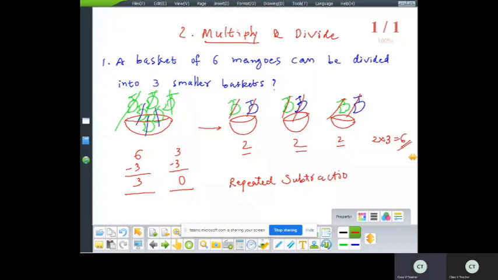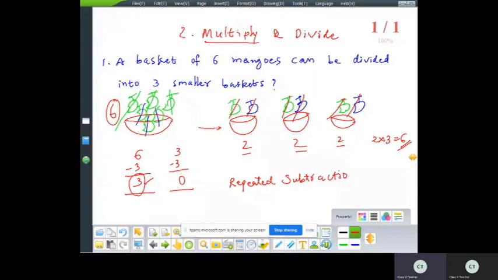Total mangoes are 6. First time we insert each mango in each box. One, one, one, 3. 6 minus 3, 3. Remaining mangoes are 3. From the 3, again we insert one mango in one basket. Again 3. 3 minus 3, 0.